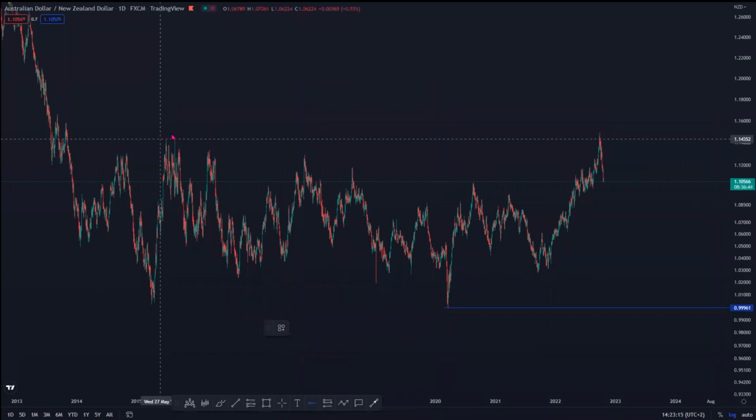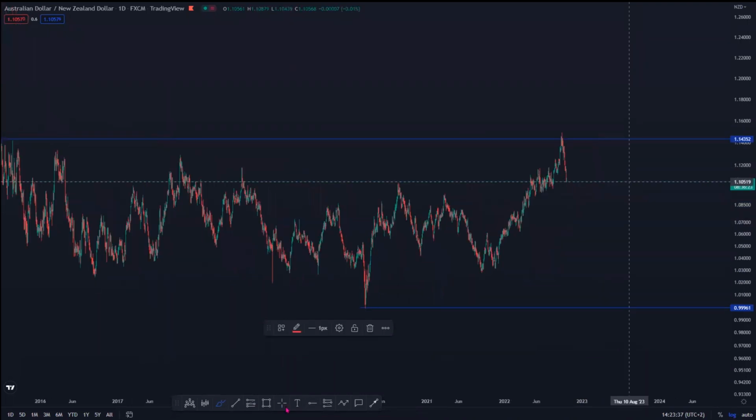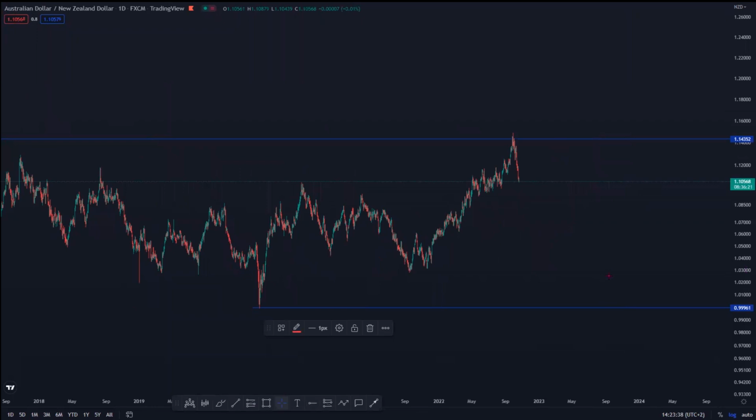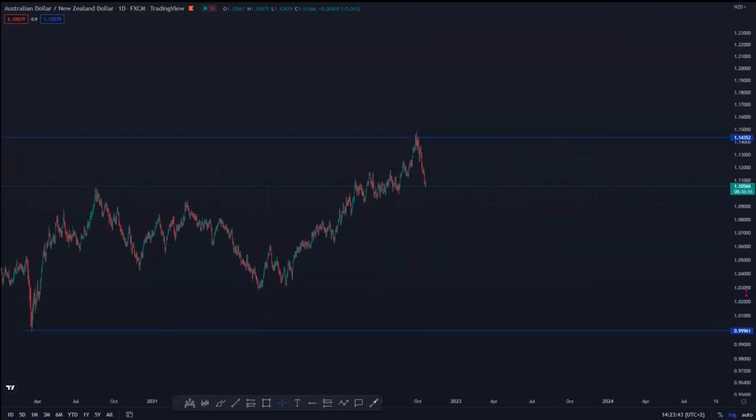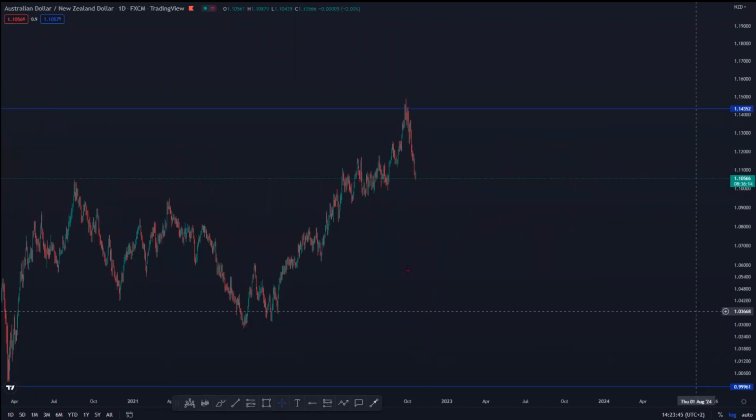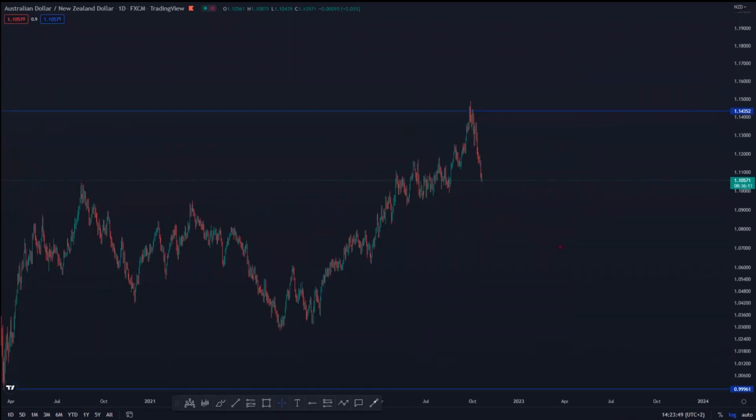So this was our highest high, but what happened is the market broke our high and came back to push to the downside. So yeah, I'll just leave it like that. So this is AUDNZD.